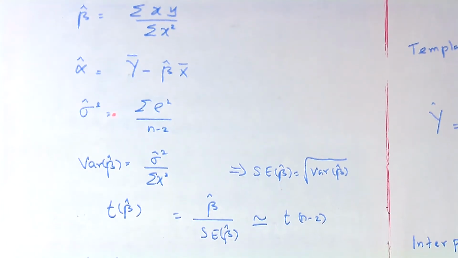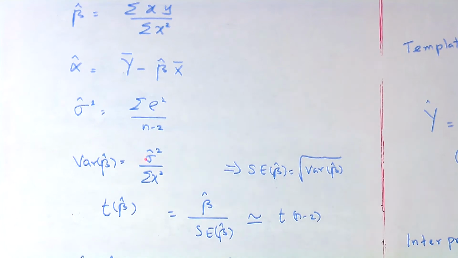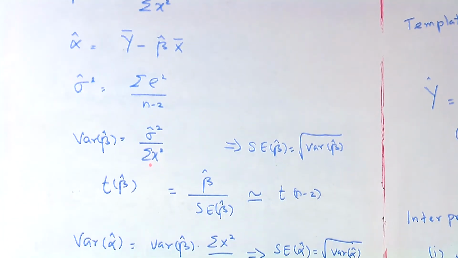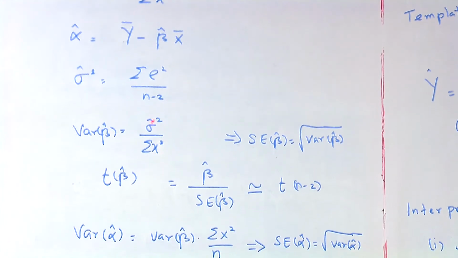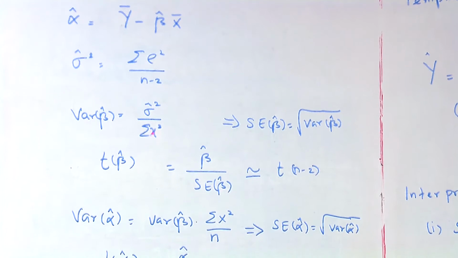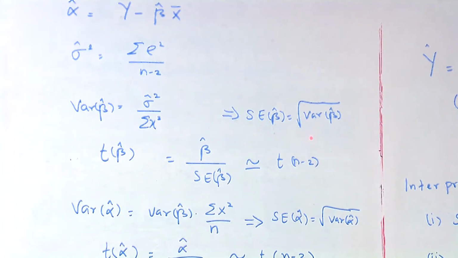Using this, we were able to estimate the variance of beta hat, that is equal to sigma hat square divided by sigma small x square. From this, we may define the standard error of beta hat, that is the square root of the variance of beta hat.